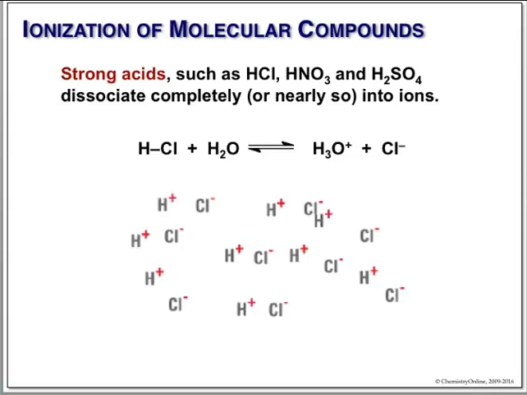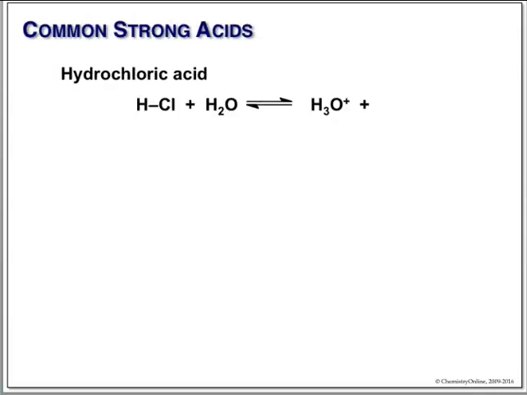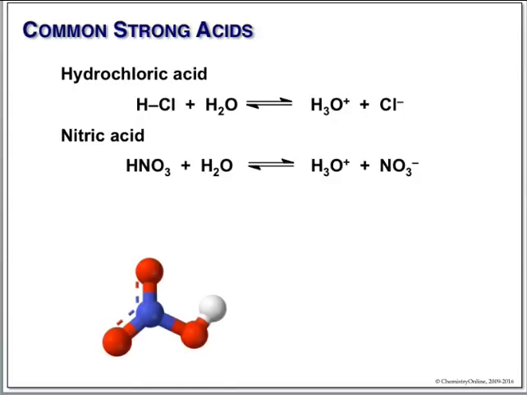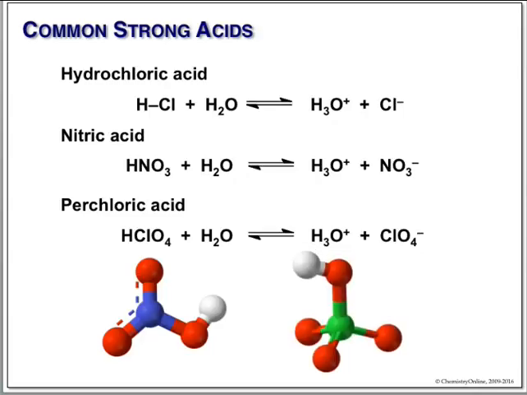Now, there are a few strong acids that we need to know. We just saw hydrochloric acid, hydrogen bonded to the chlorine. Again, it reacts with water to get hydronium and chloride. Another strong acid is nitric acid. This is nitric acid here.